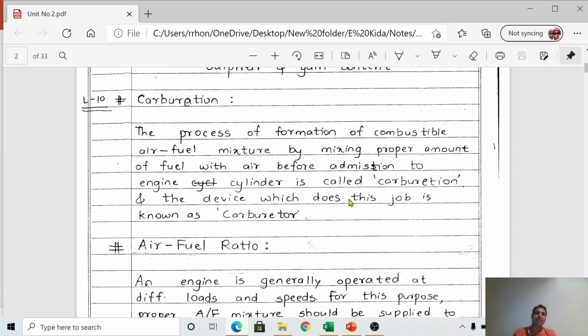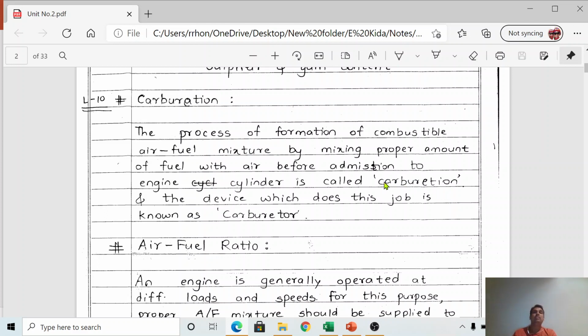If you see a two-wheeler, we use this device, and its name is the carburetor. Always remember, the carburetor will supply the required amount of air-fuel mixture to the engine cylinder during the suction stroke.